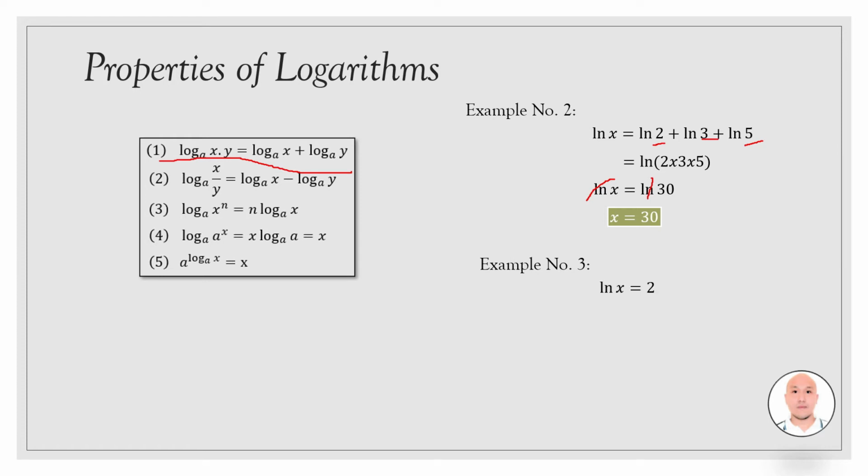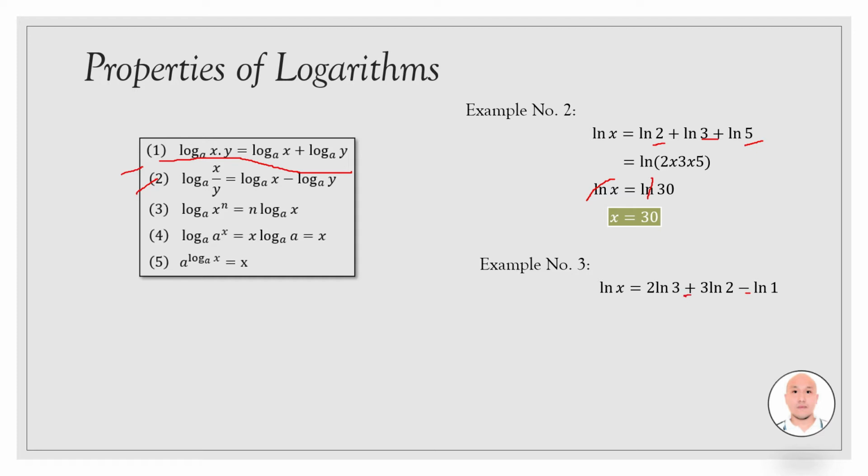Example number 3, ln x is equal to 2 ln 3 plus 3 ln 2 minus ln 1. Here we can use two formulas, the product rule and the quotient rule, because of the negative sign and the plus sign.